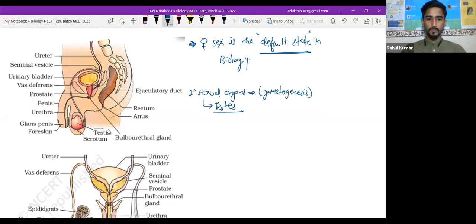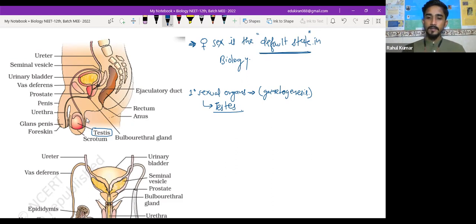This structure here, you see testes. This is the primary sexual organ. And then the others are called secondary or accessory sexual organs, which are not important for the formation of gametes or for the regulation of the system, but they help in the process of reproduction. Is it clear?